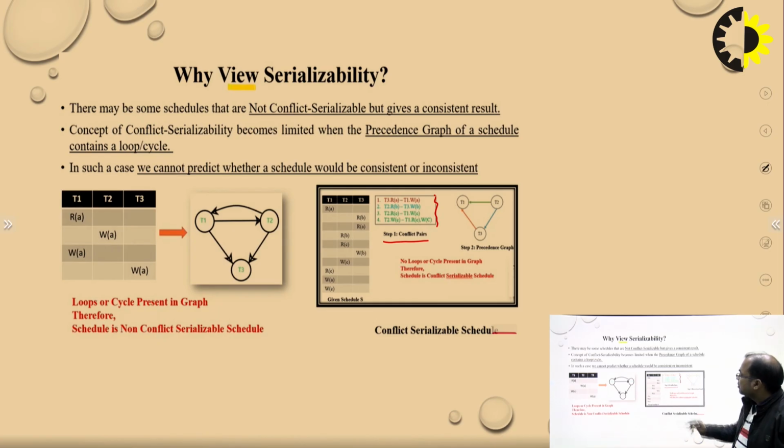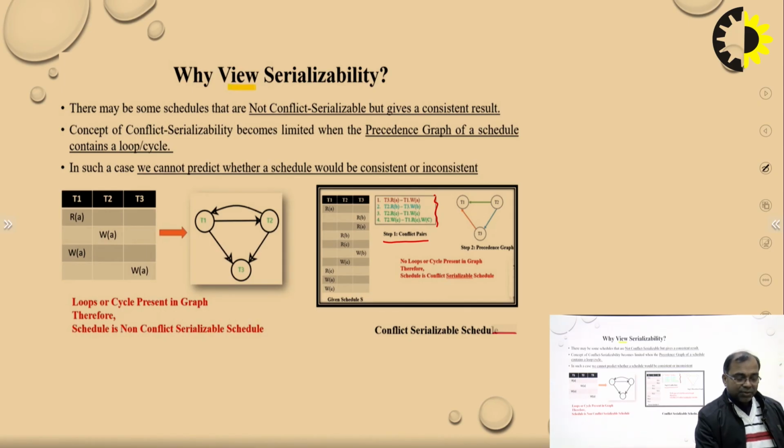We draw this edge. Then again T2 to T3, we draw this. Then we have T2 to T1, we draw this. This is how we find the precedence graph. In this precedence graph there is no loop, so no loop or cycle is present in the graph.